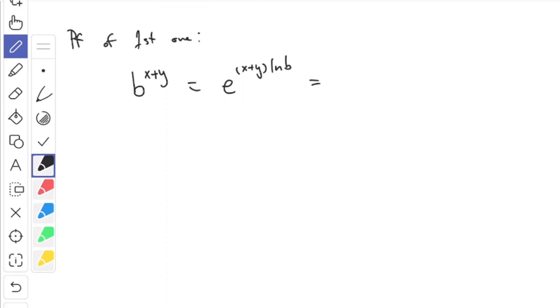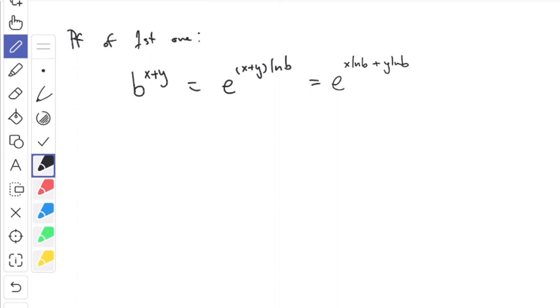Sure. Let me say, this is not exactly what you said, but I think this is what you meant. You can distribute inside the exponent, right? e to the x ln b plus y ln b.